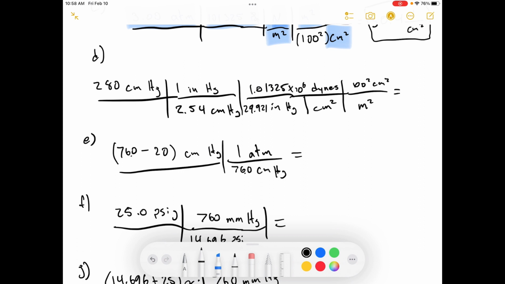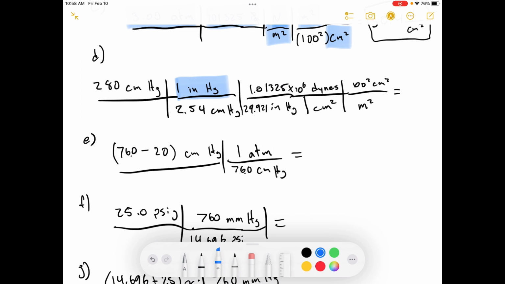Part D, we have 280 centimeters of mercury, and we're putting it into dynes per meter squared. So this is a similar kind of thing, except there's a little bit of a trick here where in the front of your book you don't have centimeters of mercury, right? So how do you change that into something that we do know? Well, we do know what inches of mercury are, and you can just treat these like you would treat any other length dimension.